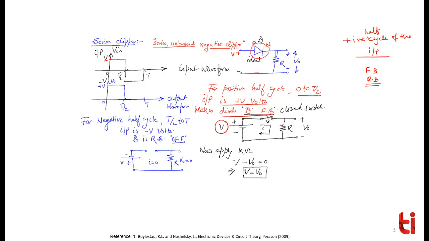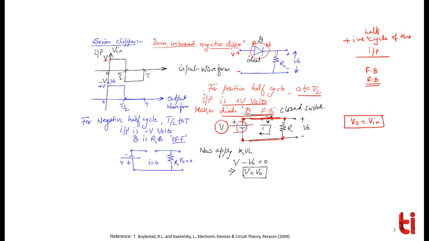Actually no need to apply KVL, you can directly write it, because there is a V volt supply, so this voltage will appear over here. There is no drop in between, these are just two metal lines. There is no drop in between. So this voltage is in parallel with the output voltage, so directly V out will be equal to V in, because there is no voltage drop anywhere.